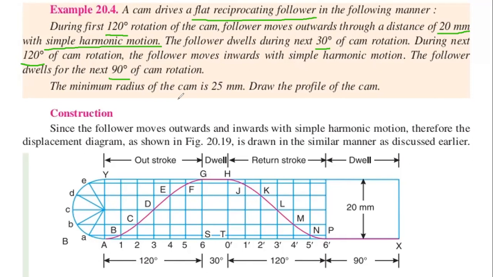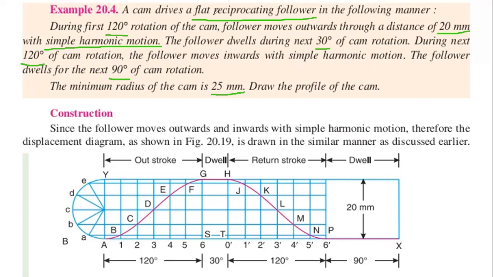Here they have given the stroke as 20 mm. The minimum radius of the cam is 25 mm, and draw the profile of the cam. So this is a flat faced follower.